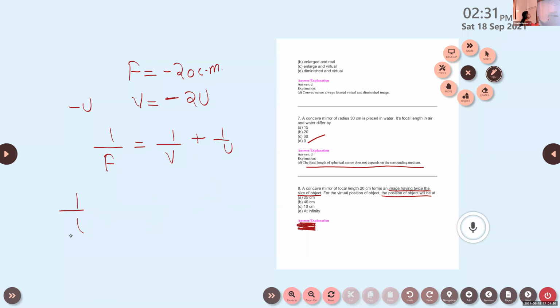Or before that, you can find out from here itself. 1 by f, it is given, 1 by minus 20 is equal to 1 by v, that is 1 by minus 2u, plus, since we don't know the value of object distance, 1 by negative u. So 1 by minus 20 is equal to 1 by minus 2u plus minus of 1 by u.